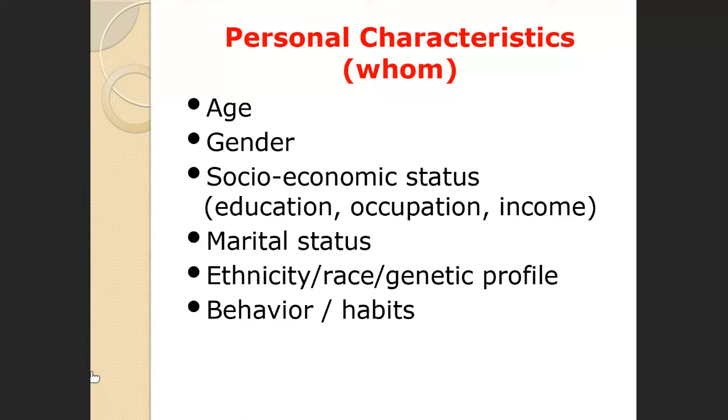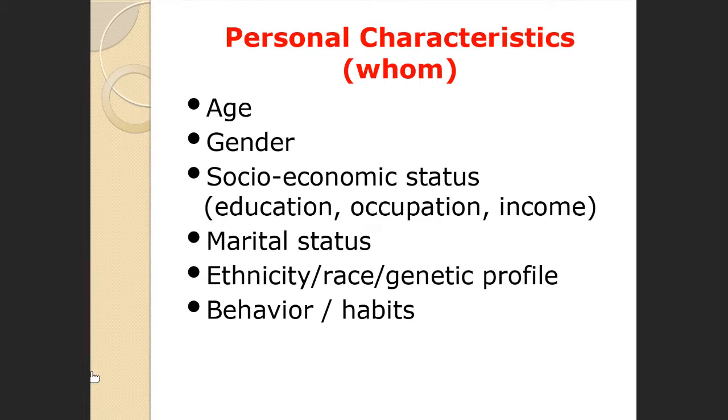For example, some people may have back pain because most of them are doing administrative jobs. Also income: poor people may have more common disease compared to rich people, for example HIV and TB.